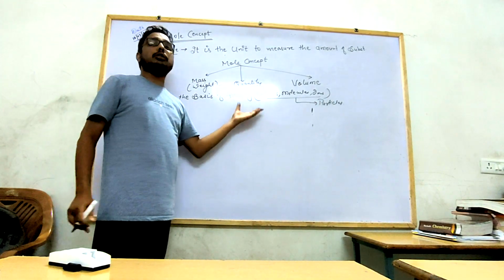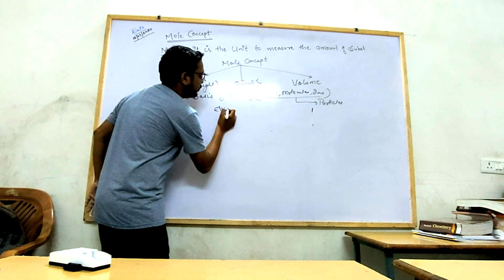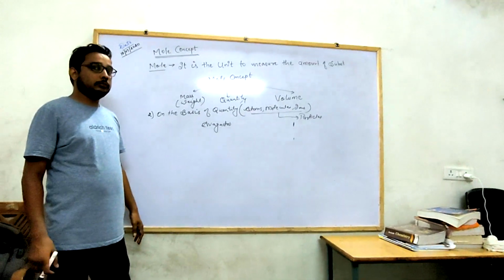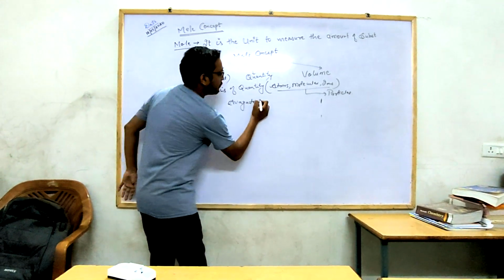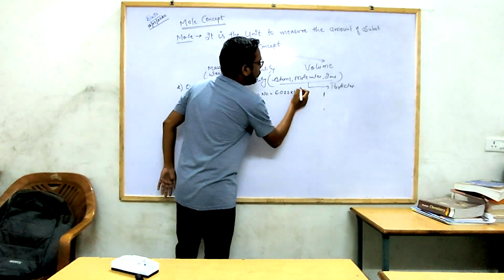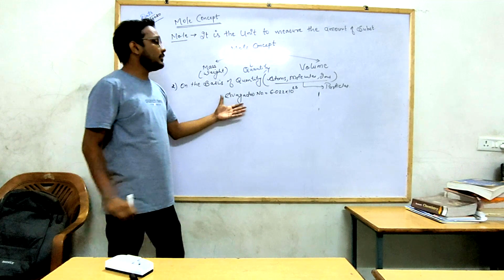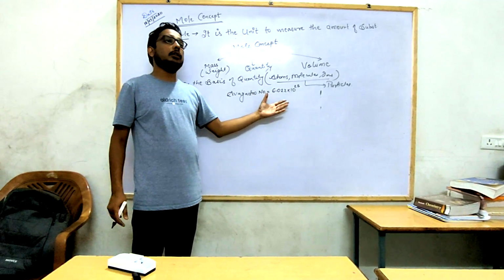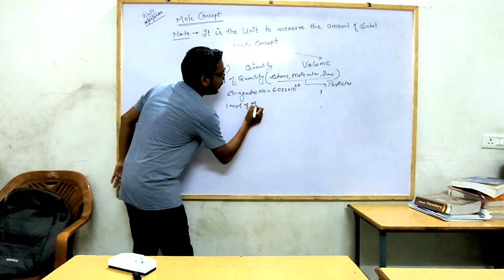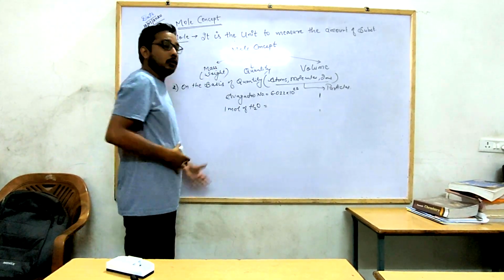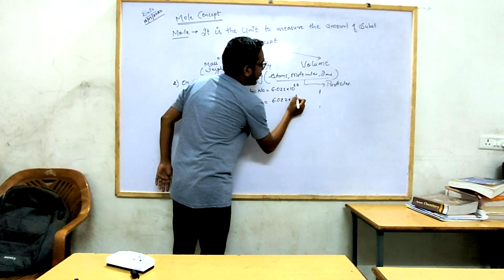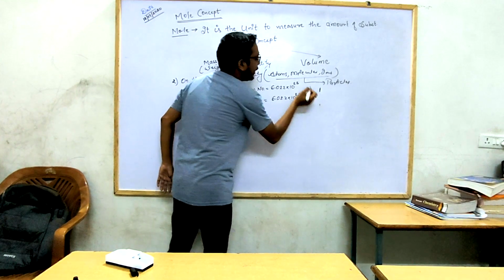In terms of atoms and molecules, we generally use Avogadro number. Avogadro number is equal to 6.022 into 10 to the power 23. This is a fixed number, an experimental number. It will not change. So if I ask 1 mole of water contains how many atoms? So 1 mole of water will always contain 6.022 into 10 to the power 23 atoms.